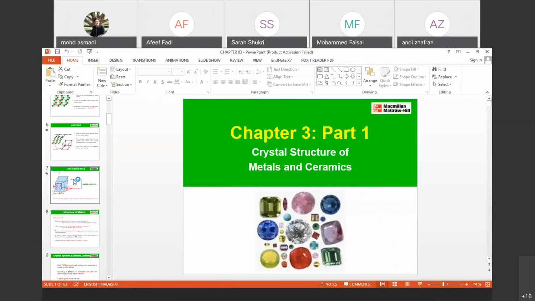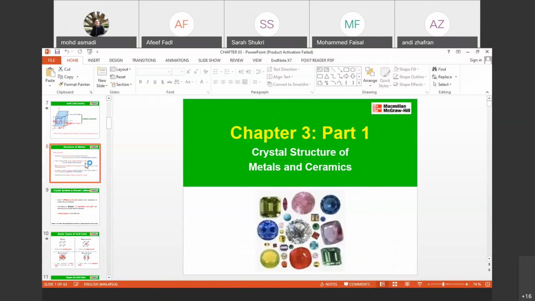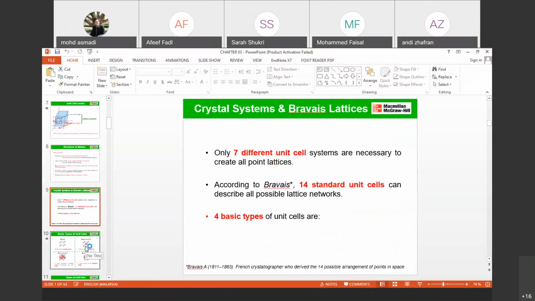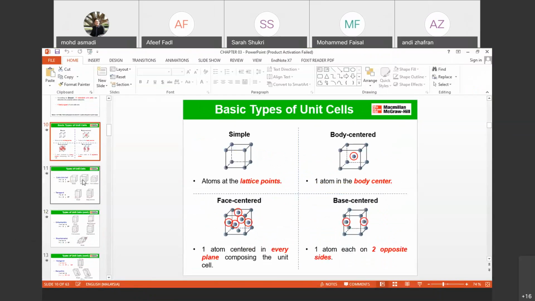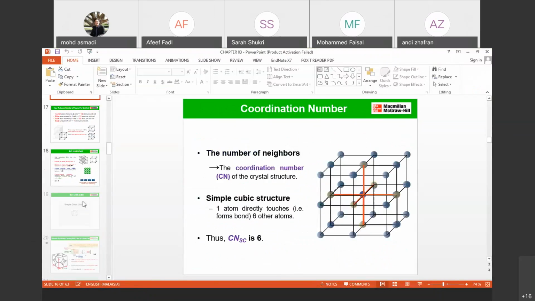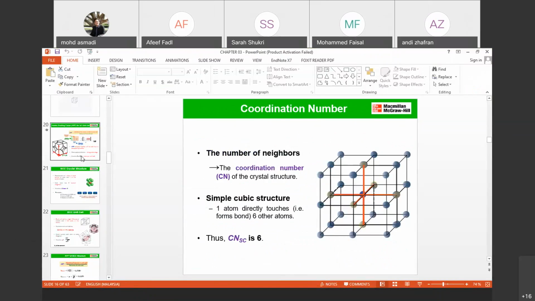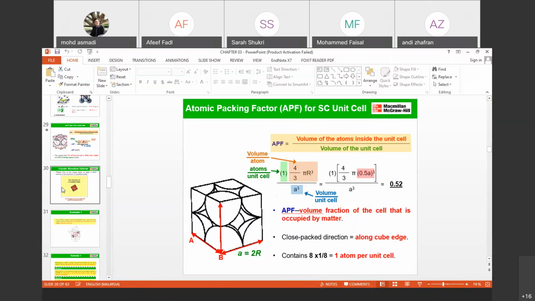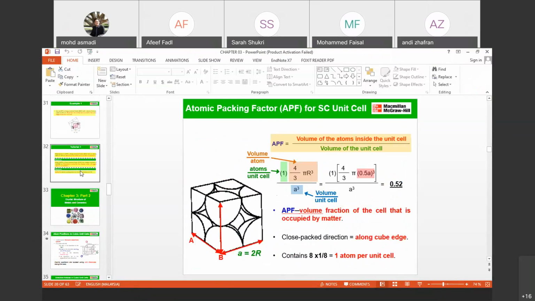Please read this one. We will look at the structure, what type of unit cells, what the unit cells are, as well as the coordination number and how to calculate the atomic packing factor. This is important, mostly the calculation, and we will do the tutorials together.